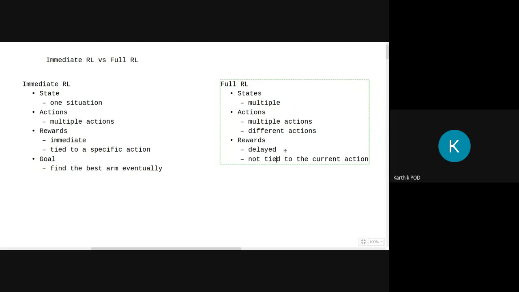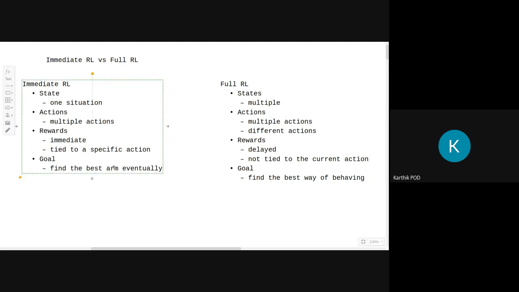The goal is not just to find the best action in a particular state, but to find the best way of behaving so that you maximize the cumulative reward. Here you are just looking at one action to choose from multiple actions. Here it is slightly more complicated: you have to choose the best way of behaving.